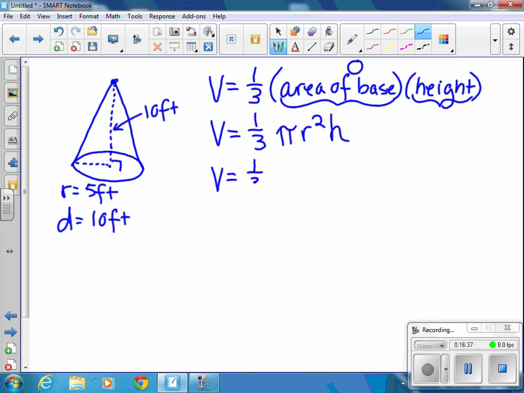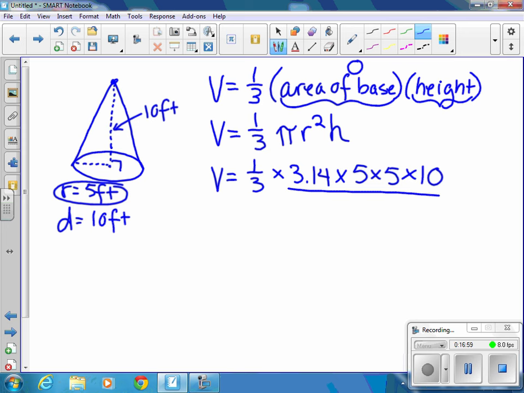So 1/3 times 3.14 times the radius, again. We have r and d, so we're ready for either one, but we needed the r. 5, and it's 5 squared, so that's 5 times 5, times the height, which is 10. Now this time, there's nothing I can simplify, at least not easily, so I'm not going to worry about that. I'm going to go ahead and multiply all of this together, and then I'm going to divide it by 3 at the end.